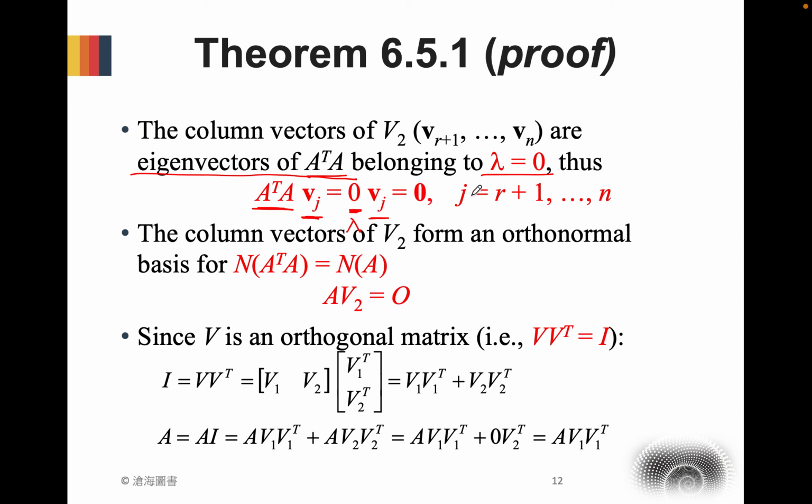So for j from r plus 1 to n, A transpose A vj is equal to the 0 vector.